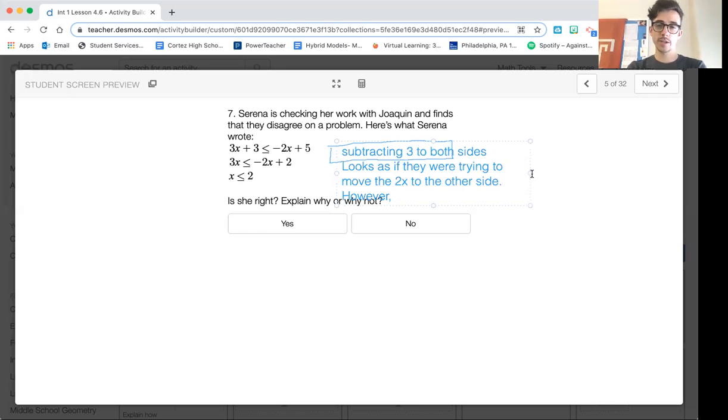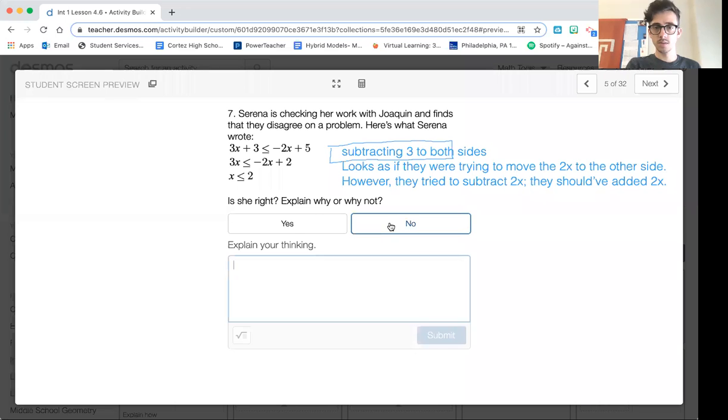However, what operation did they use? Tried to subtract 2x, but they should have added 2x because it's a negative 2x there. So is she right? Nope.